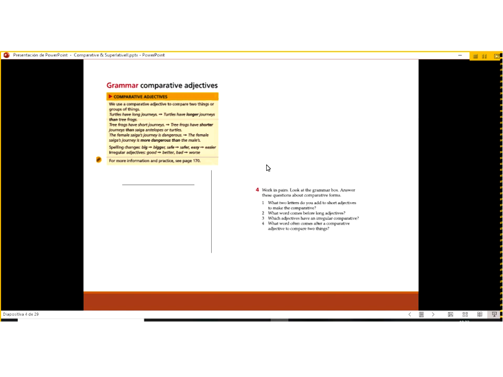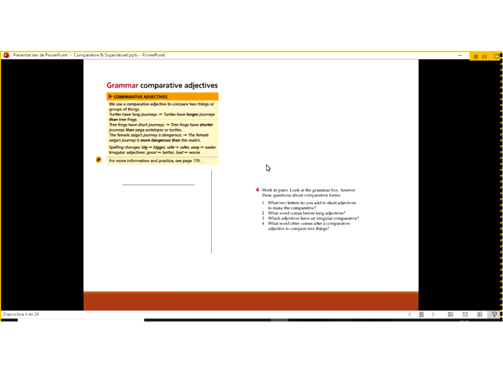Frogs have shorter journeys than saiga antelopes or turtles. The female saiga's journey is dangerous. The female saiga's journey is more dangerous than the male's. So in this case, they are comparing two kinds of animals, yes, and about the journey they do, if it is longer or shorter, yes.